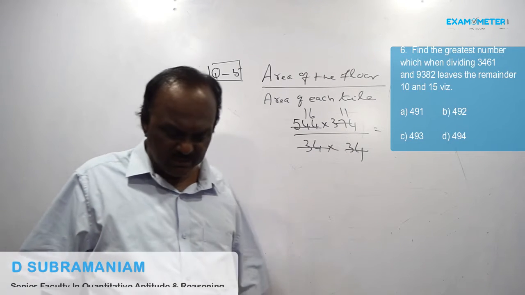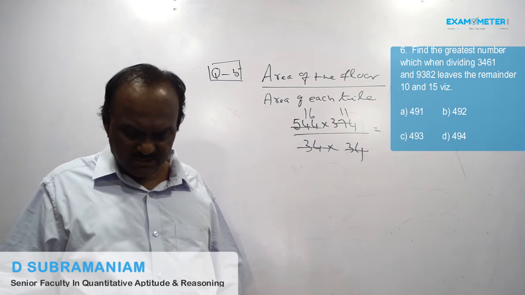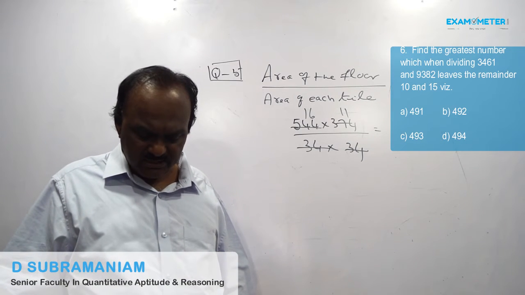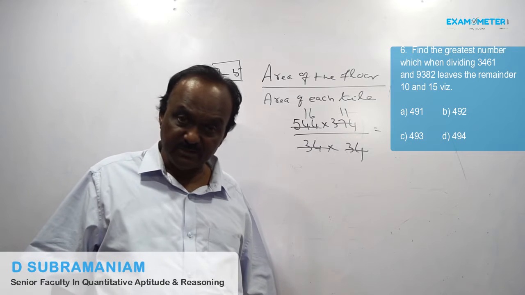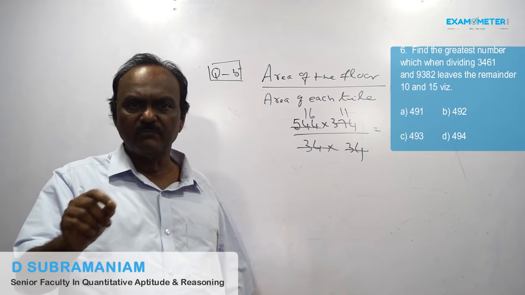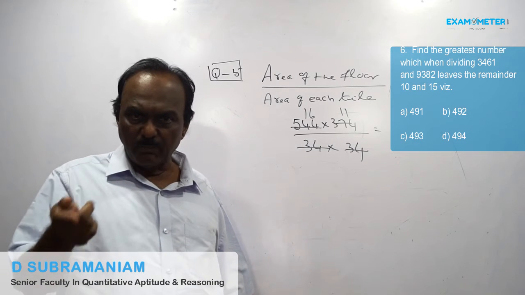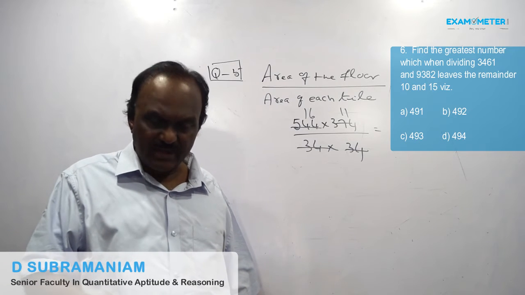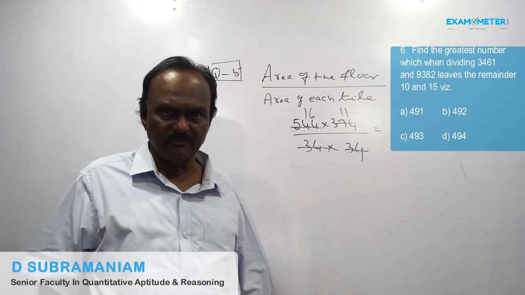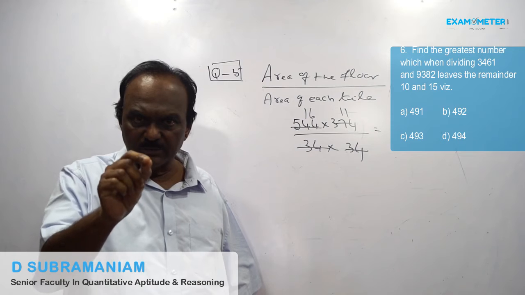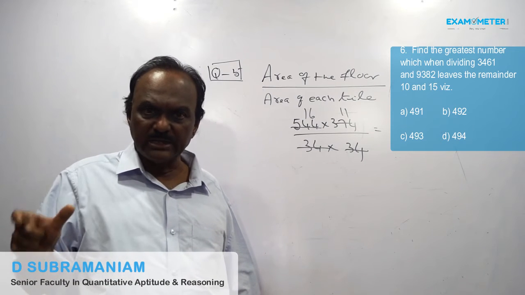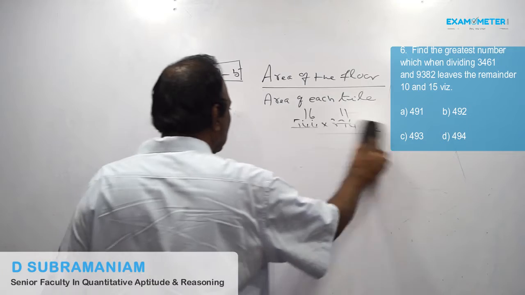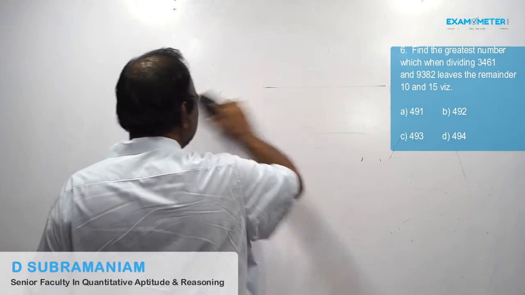Find the greatest number which when dividing 3461 and 9382 leaves the remainder 10 and 15 respectively. Subtract 10 from 3461. Subtract 15 from 9382 and then find out the highest common factor.